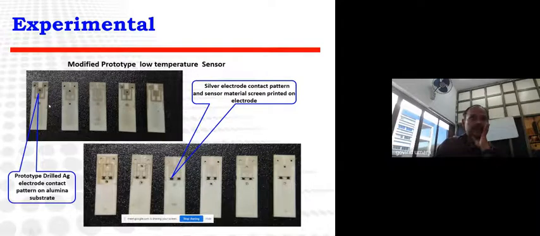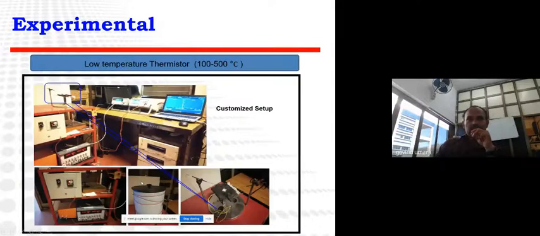So this is a silver pattern with alumina substrate printed, and these are the three drilled electrodes where we can bring out the interconnection to the controller, and these are the printed sensing material on that electrode. So a single substrate contains two sensors, and we now have a much more calibrated, much more advanced data acquisition system.